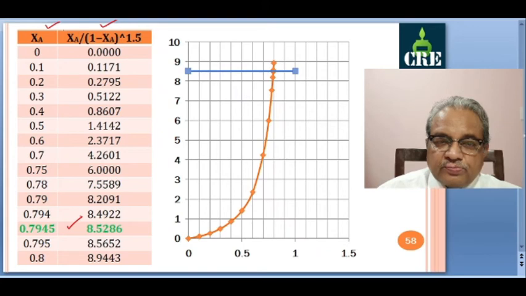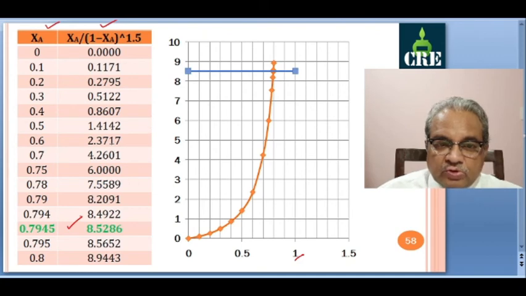You can put this equation in your calculator and go on changing the values of x, or you can make a plot of the function. So this is the Xa value from 0 to 1, and on the y axis you plot this.